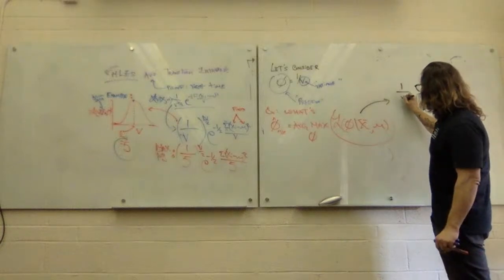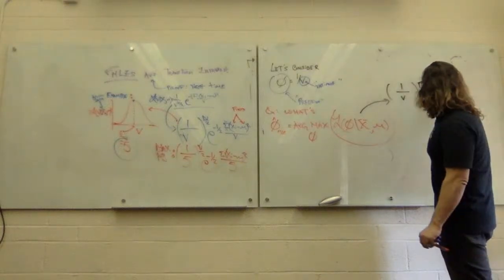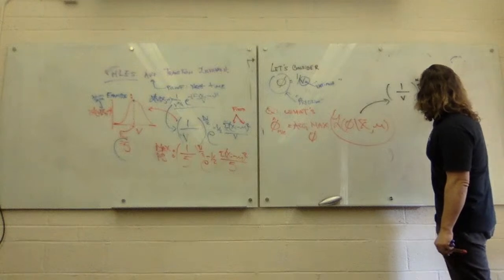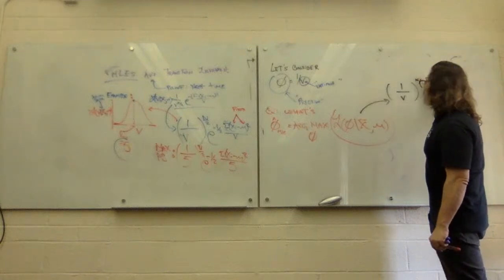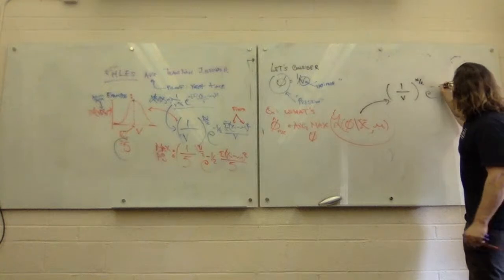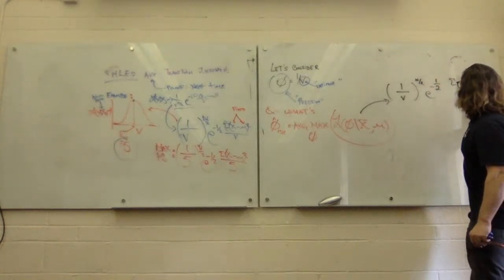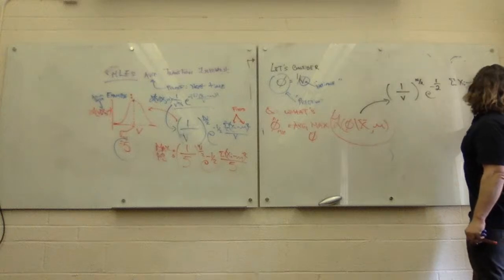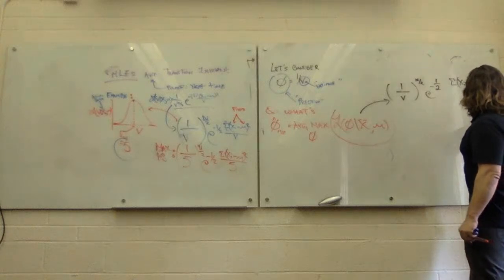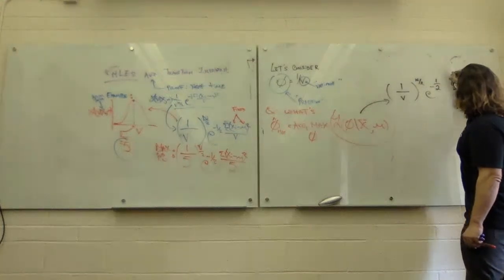Let's just parameterize this in terms of v first. Shouldn't change. v to the n over 2, e to the minus 1/2 sum of xi minus mu squared, i goes from 1 to n.